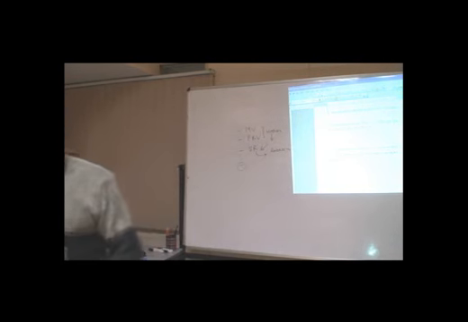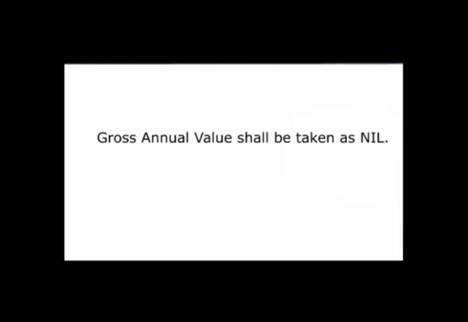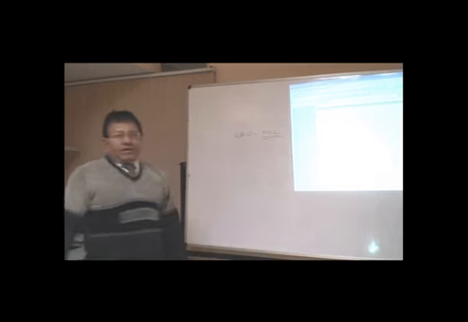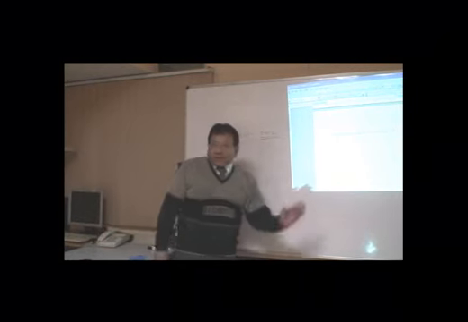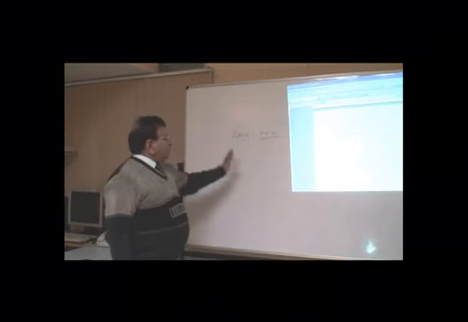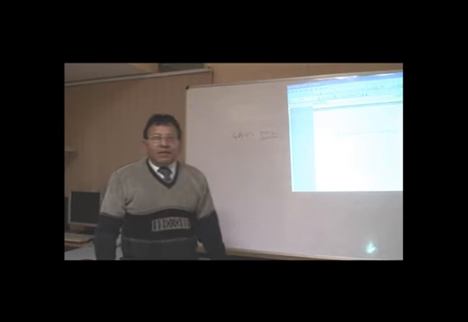Next, third category is when the house property is vacant for the full year. It may be a situation when the house property is there, but it is vacant for the full year. In this case, please remember, the gross annual value of the property shall be taken as nil. However, if municipal taxes have been paid by the owner of the house, these taxes would be deducted.